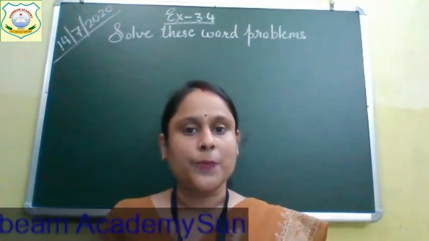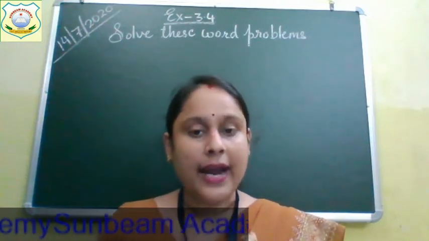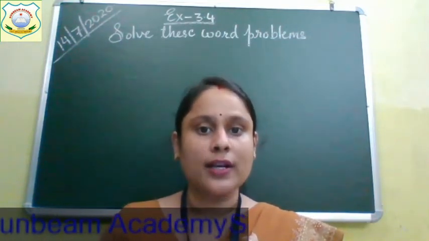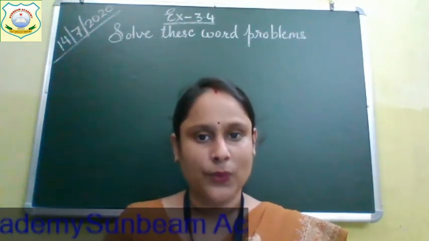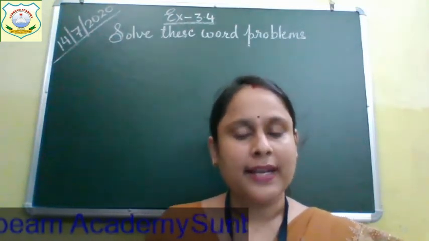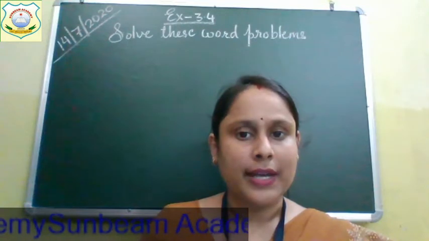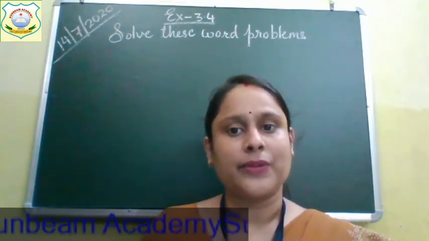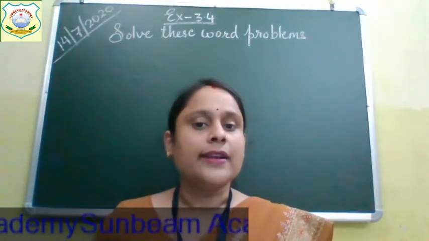Preeti collected rupees 150 from each of the 9 members of the club. And now we have to find the total amount Preeti collected from all the members. So for this, what are we going to do? We have to multiply the amount rupees 150 by 9 to get the amount that she collected from all the members. So write the first step.